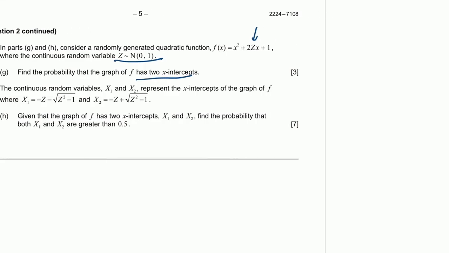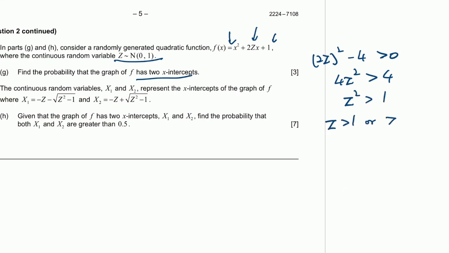Well, to have 2 x-intercepts, again, we need b squared minus 4ac, both a and c are 1, right? To be bigger than 0. So we need 4c squared to be bigger than 4. So we need c squared to be bigger than 1, which means c has to be bigger than 1, or, don't miss the negative case, c is less than minus 1.